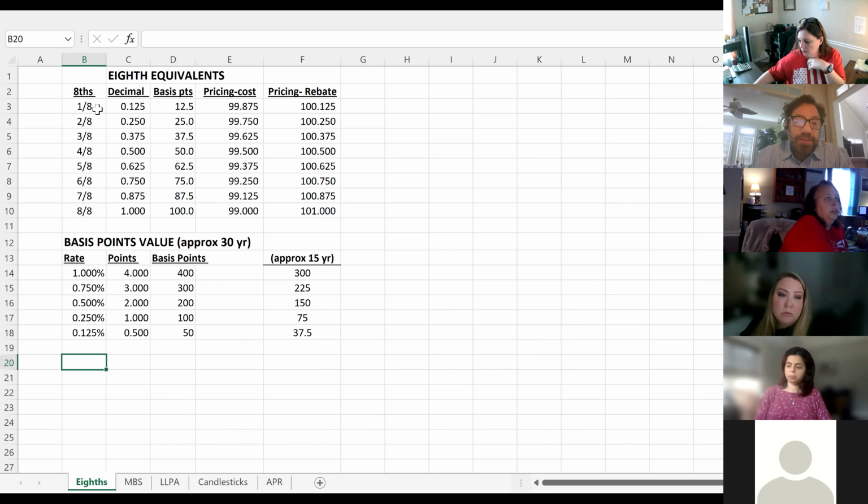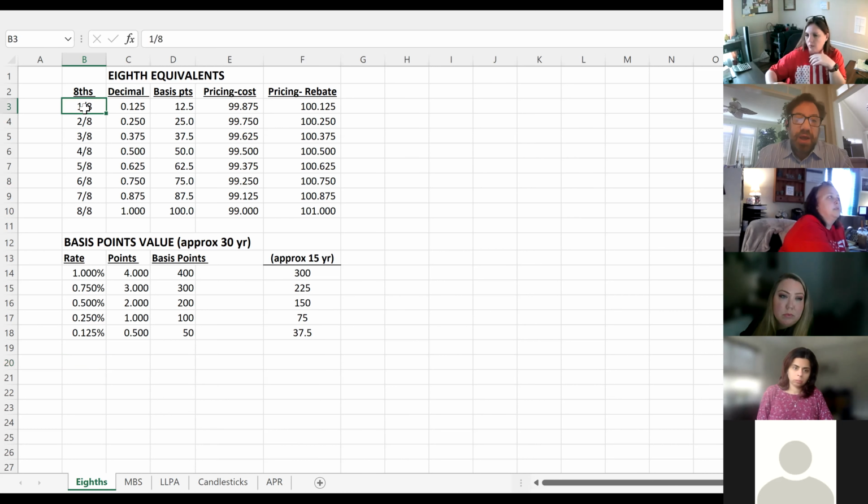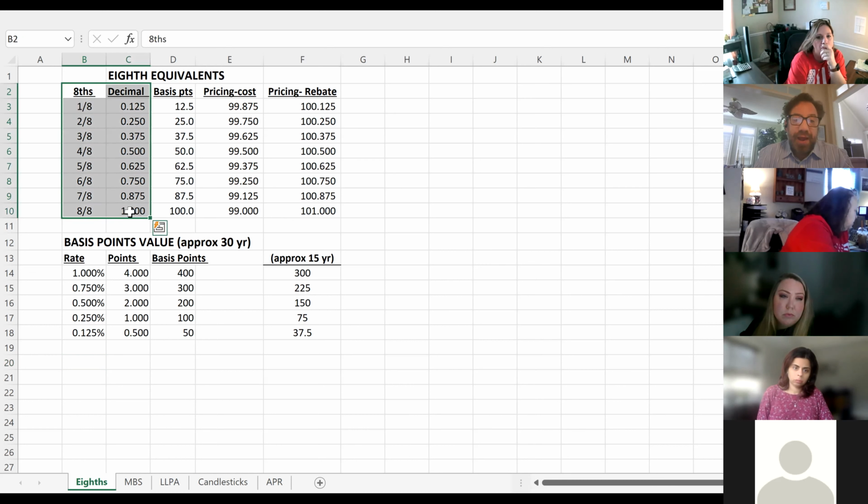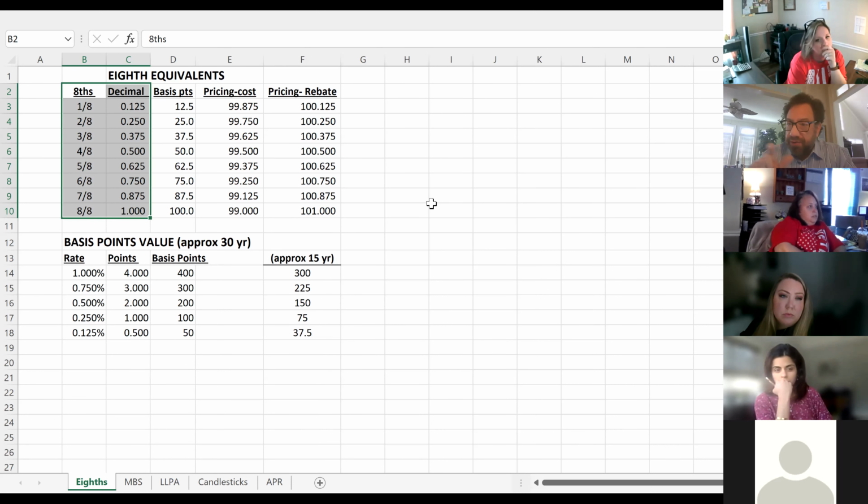But since we quote rates on the eighths, it's important to know this and to memorize this. You need to know right here where I'm highlighting the eighth decimal equivalent. You need to know that 3/8 is 0.375, because you're going to be interchanging those numbers from time to time. I don't know how to explain a decimal equivalent, except that you need to memorize this.